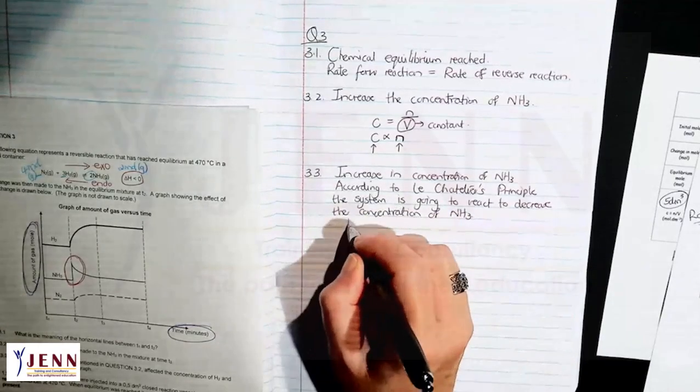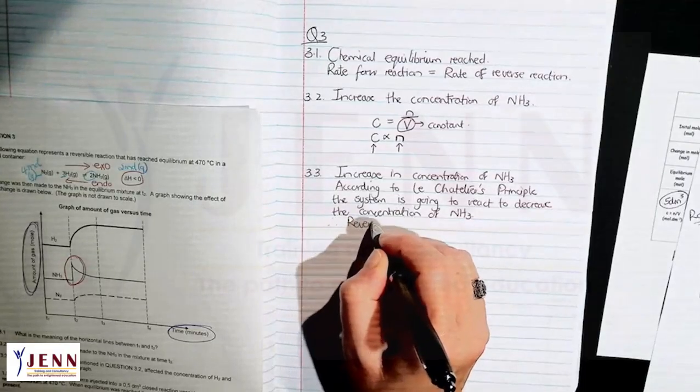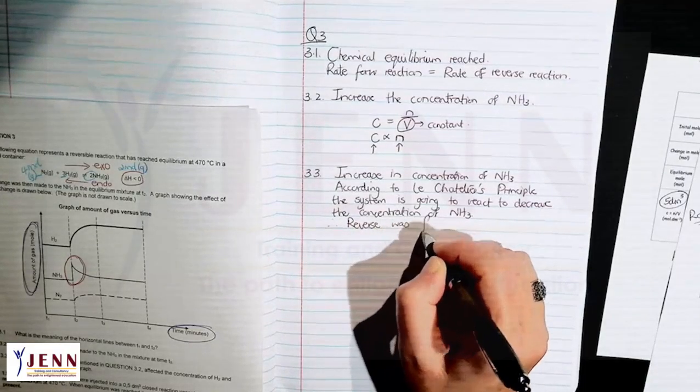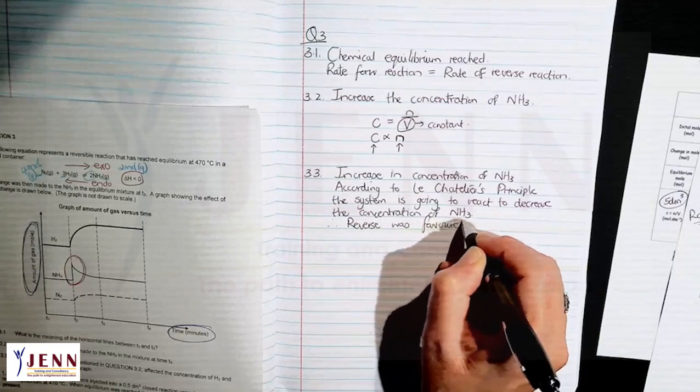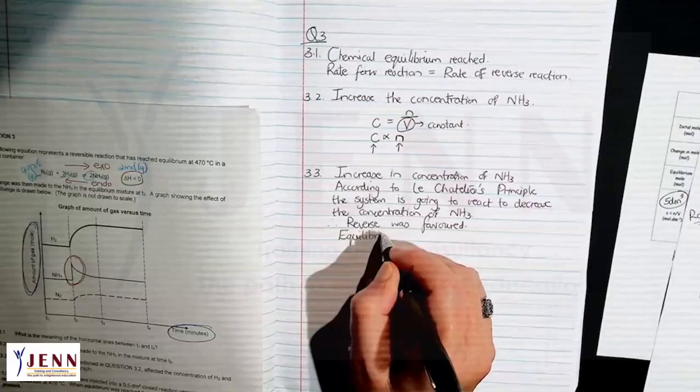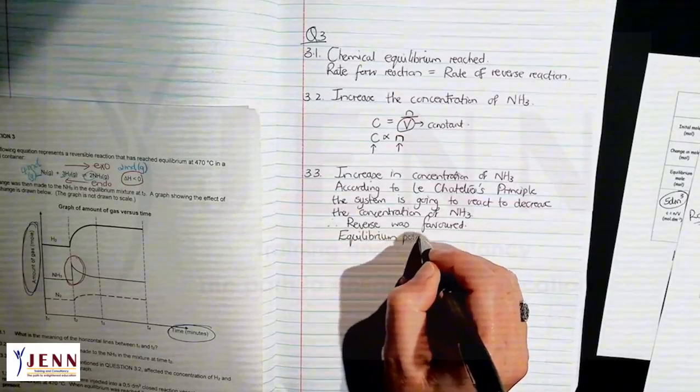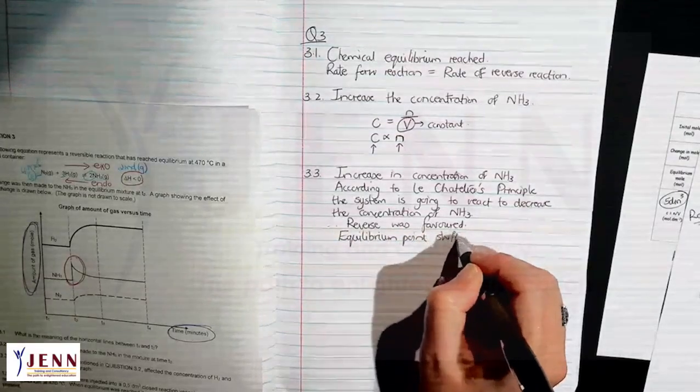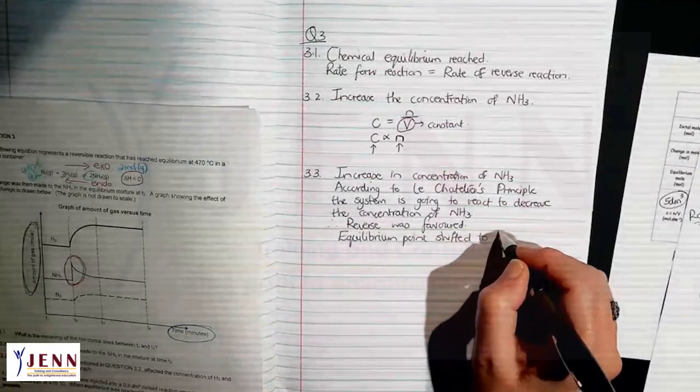So therefore, the reverse reaction was favored and the equilibrium point shifted to the left.